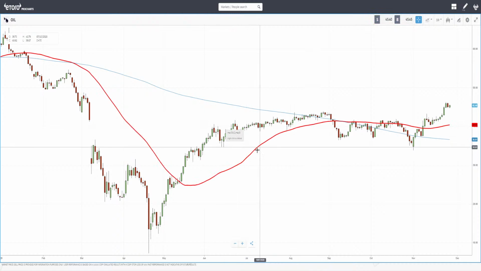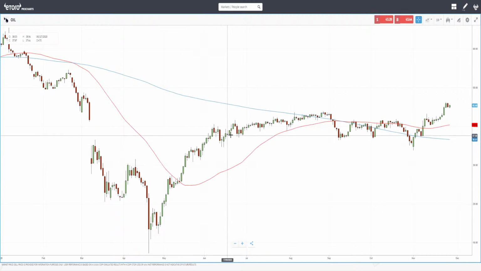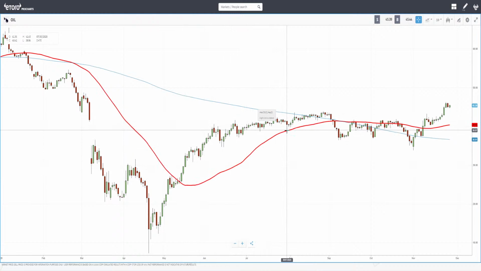If we take the 50 moving average again, we can see that in this period here, it is trading above the price action. And when we get close to the 50 moving average, for example, there, it bounces. These are indications that prices are not ready to cross the moving averages.